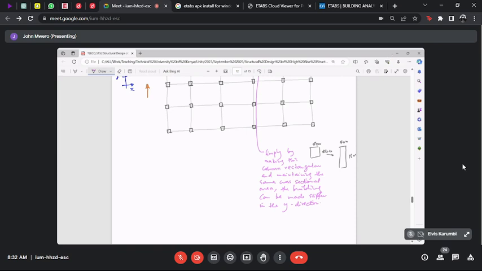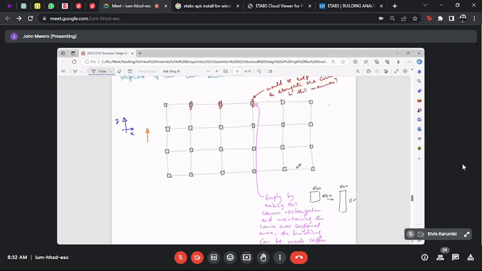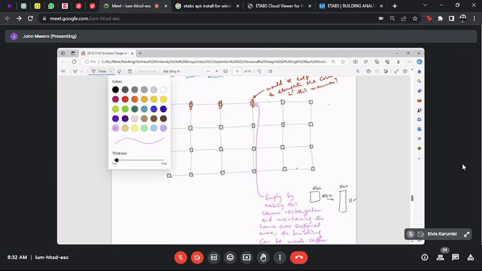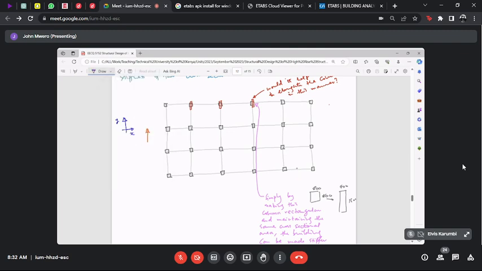Okay, so now I want to wind up this session by asking, how about if we made the column thinner and longer?